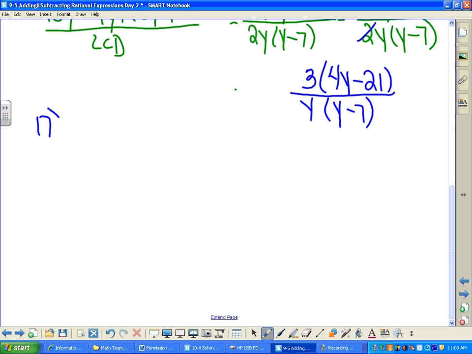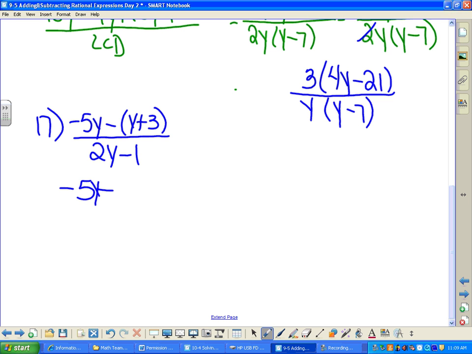So you can go ahead and combine the numerators, and when you do, it's negative 5y minus the quantity y plus 3 all over that common denominator of 2y minus 1. So you have to distribute that negative sign. So negative 5y minus y. Did I copy something down wrong?